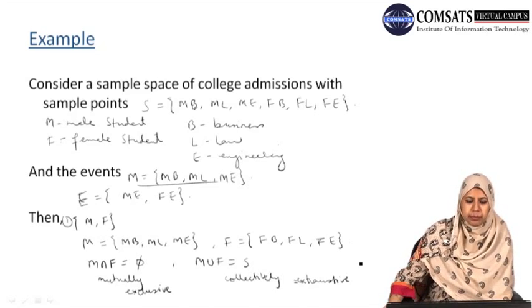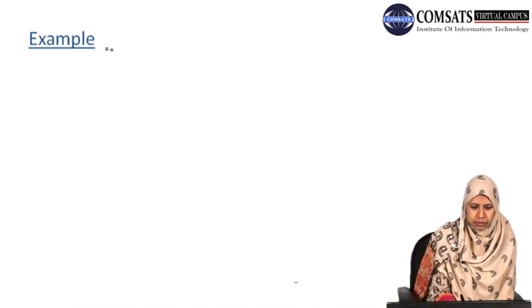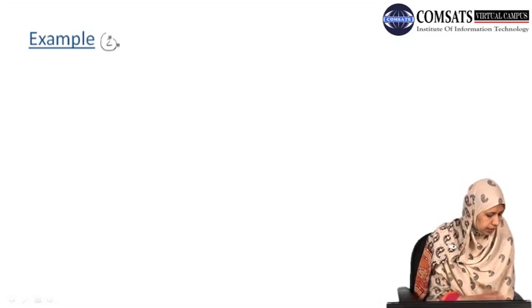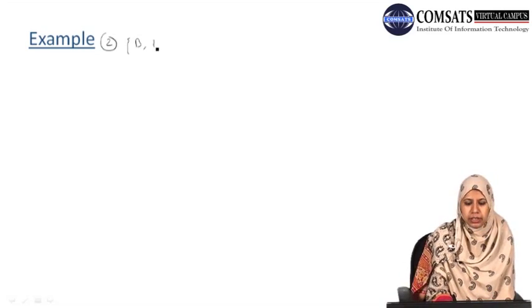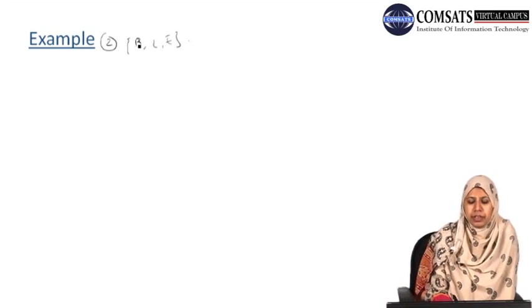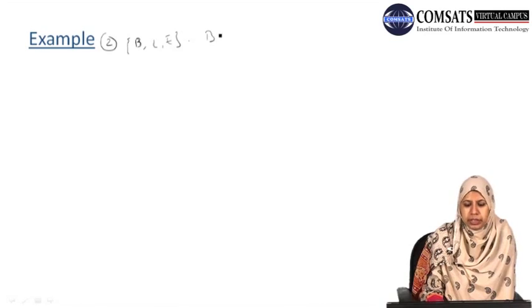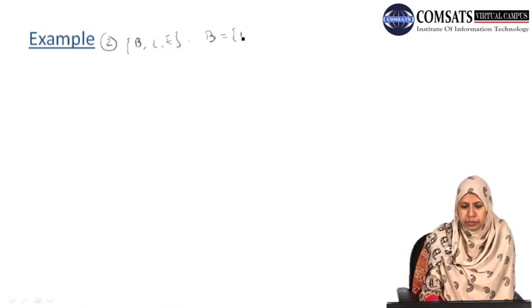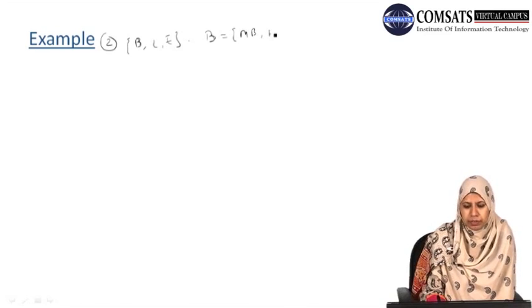Okay, for example, consider a collection of events as B, L and E. That is, here we have events defined with respect to the subject, where the event B contains the sample points male student studying business, female student studying business.